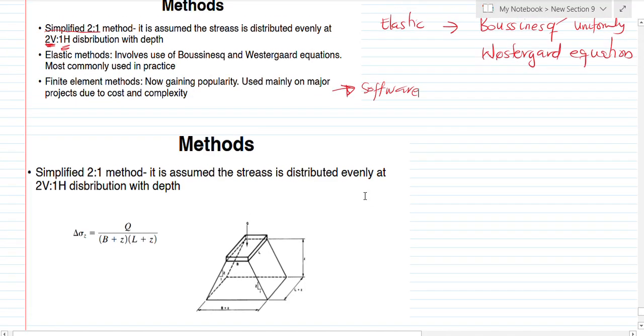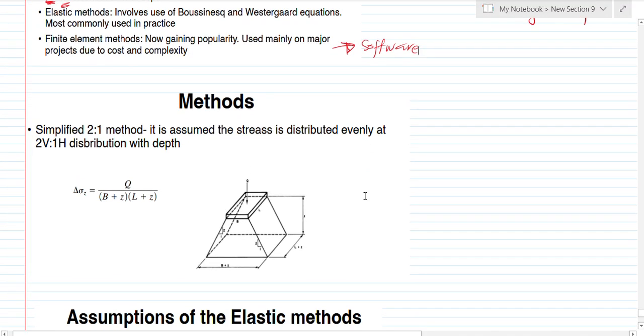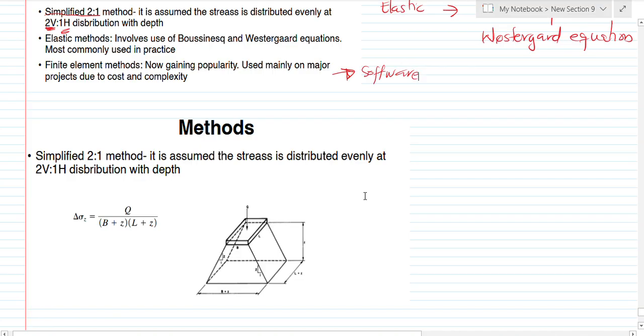So just as we said, what we are trying to do here is to find the vertical stress at any point in the soil.